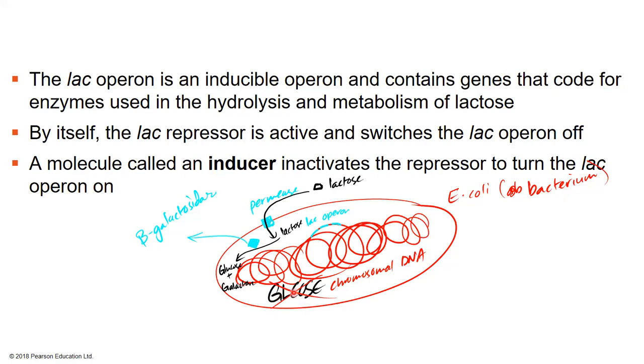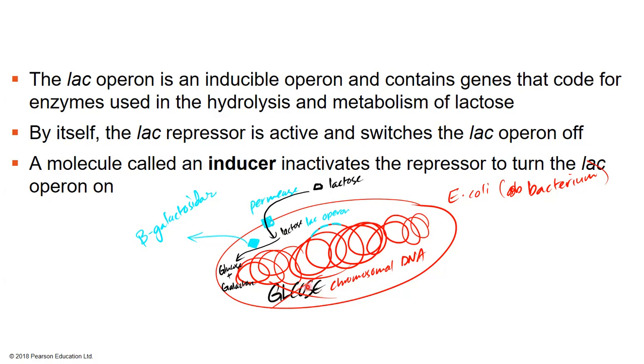But the priority is to use glucose first. So if there is a lot of glucose, there is no need to turn on the lac operon because glucose is available and the bacteria can easily convert the glucose into other organic molecules or use it to make energy or ATP.